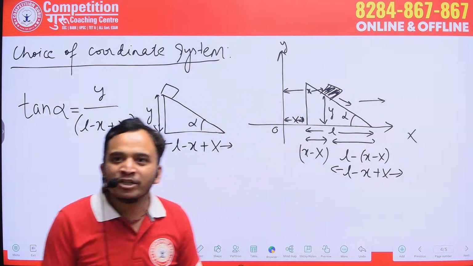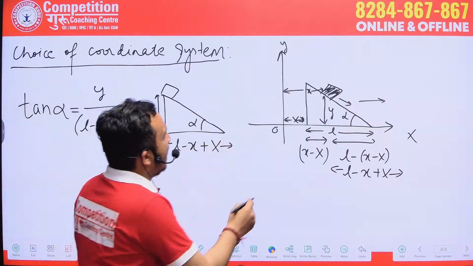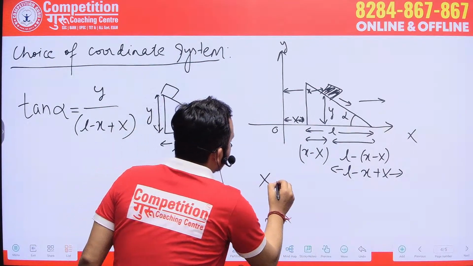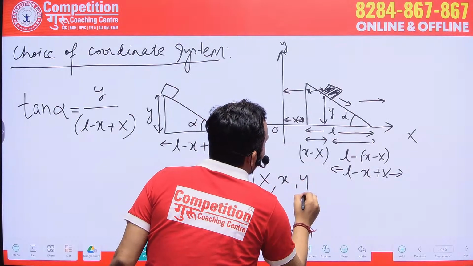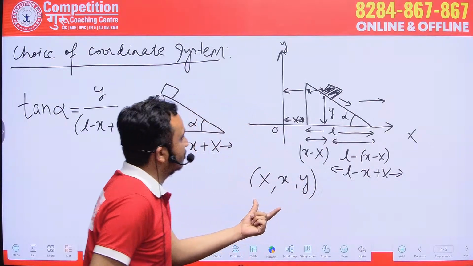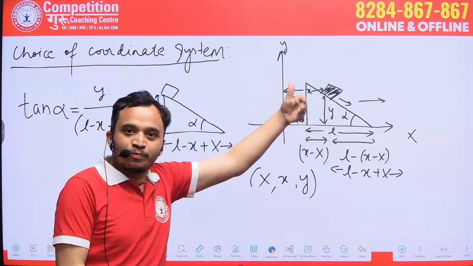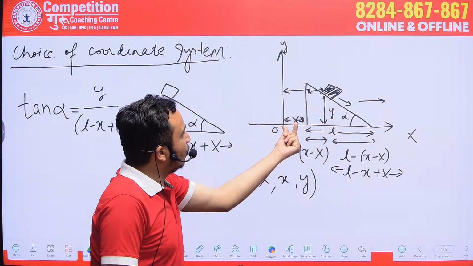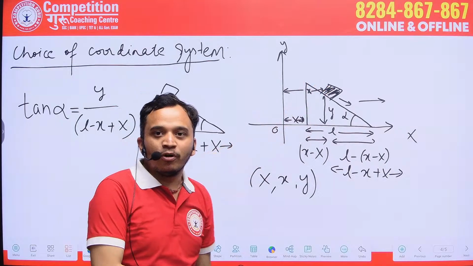So how many coordinates do we need here? Three coordinates: capital X, small x and small y. We need to specify the position of this block and this block, one coordinate for this block and two for this small box.